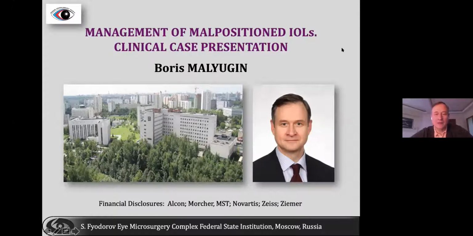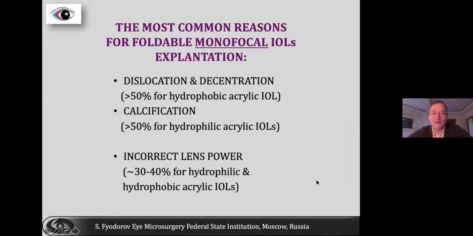I will come back to the presentation. So basically, there are different reasons for explantation of monofocal IOLs. Some of them are a loss of transparency, and some are related to dislocation and decentration.